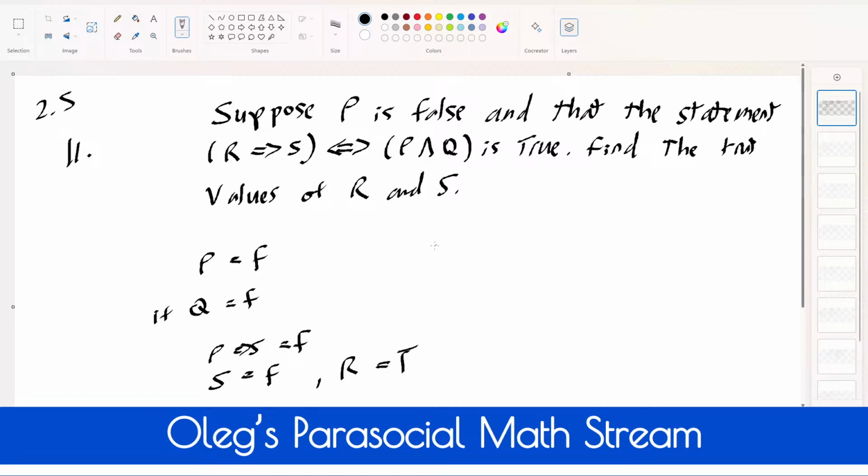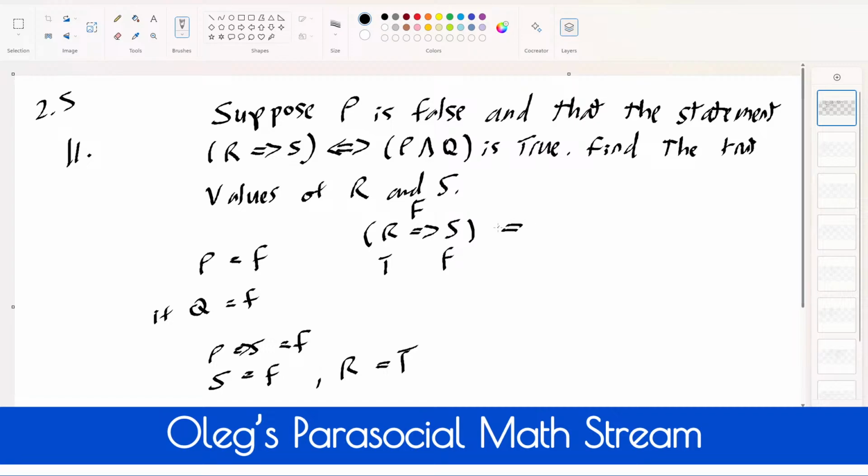So let's say this for a minute. So we have R is true, but S is false, so this is false. So we're going to say R implies S. R is true, S is F. So the whole thing gets an F. It's false because the effect didn't happen.